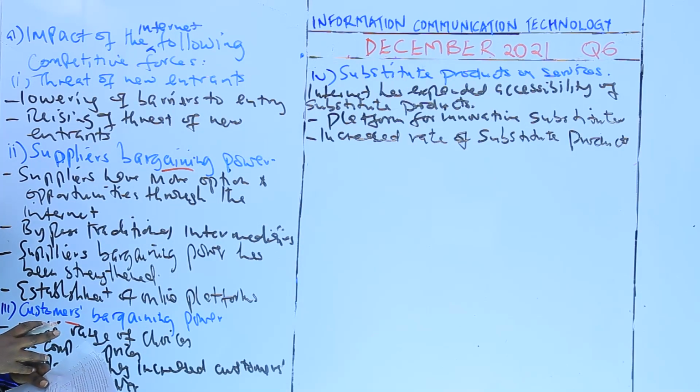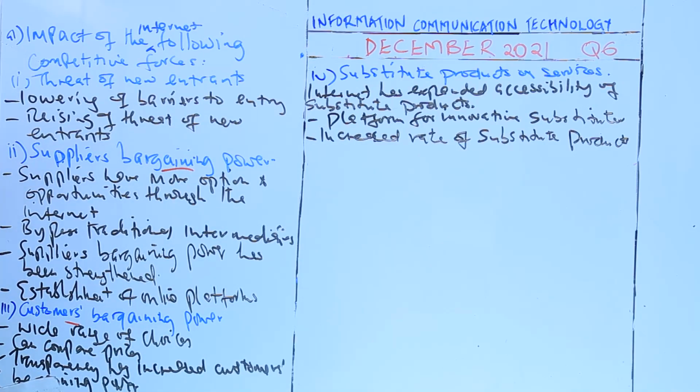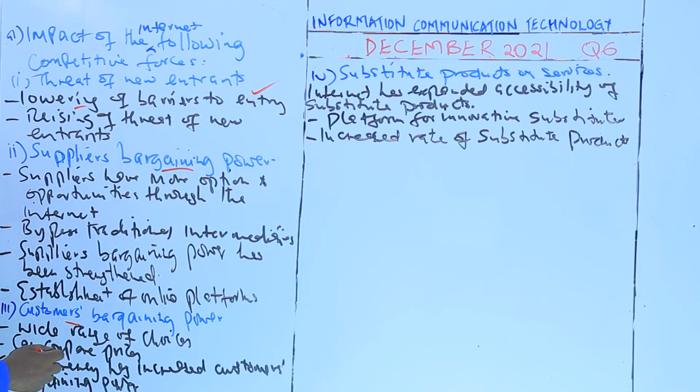Unless a company innovates and remains competitive in the digital age, then it cannot cope with competitive forces, because the internet has intensified competition because of lowering barriers to entry, raising the threat of new entrants.